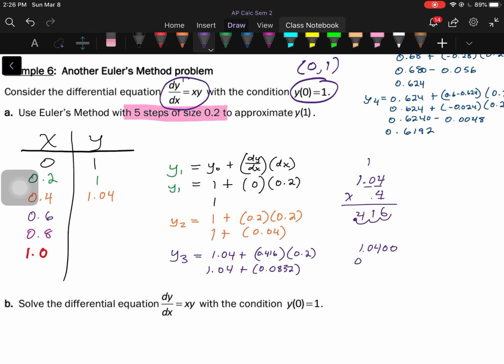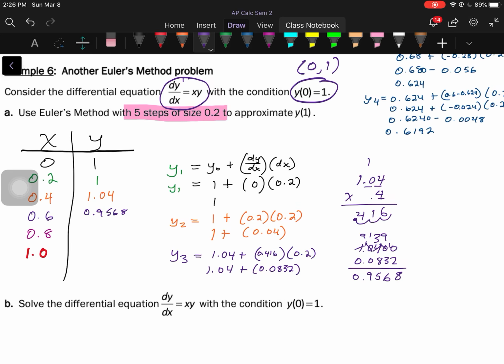0.0400 and then 0.0832. So then I have to subtract by borrowing. Good old subtracting, the old-fashioned way. Borrow again. 13 minus 8 would be 5, 9. So now I have 0.9568.